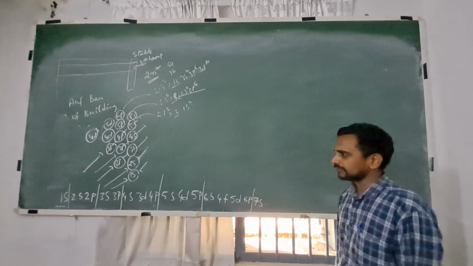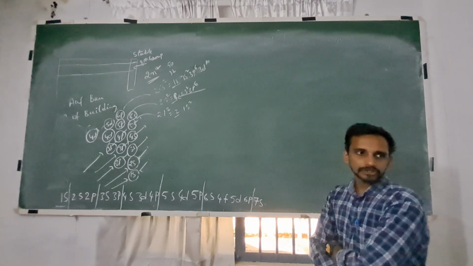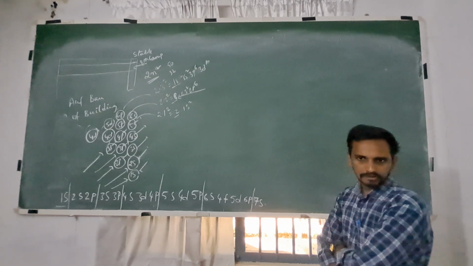So at any point of time, the maximum number of electrons in the valence shell, outermost shell, is how much?